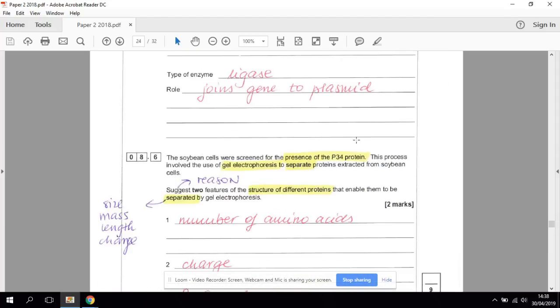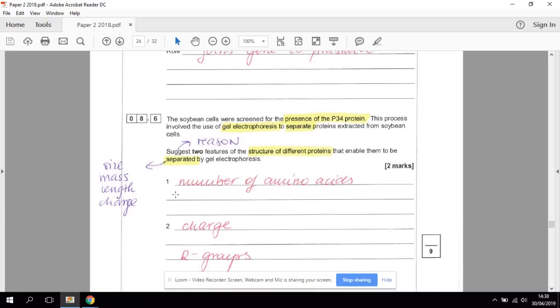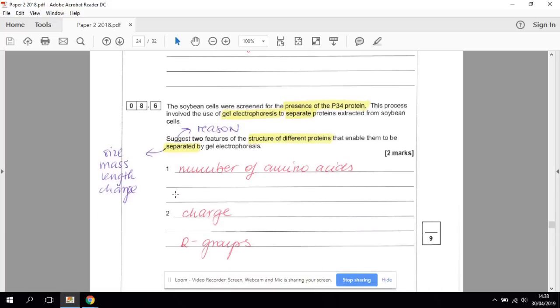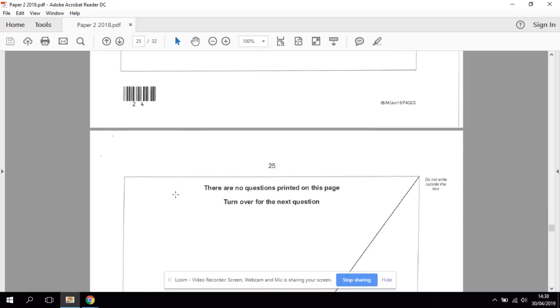Right, so soybeans were screened for the presence of the protein, and this process will involve gel electrophoresis to separate. So how can we separate? By size, by mass, by length, by charge? So what's the length, the number of amino acids, and charge? That's to do with the R groups as well. So that's where the answer is coming from.